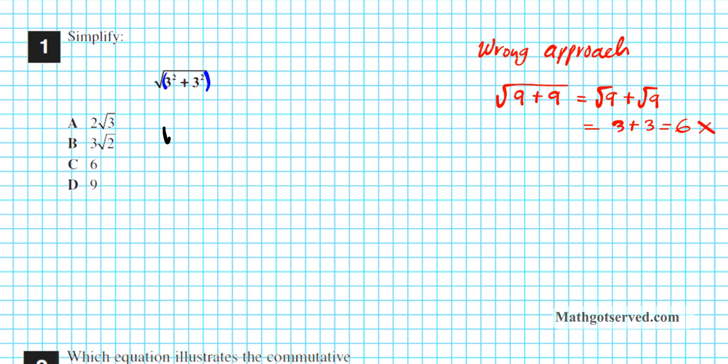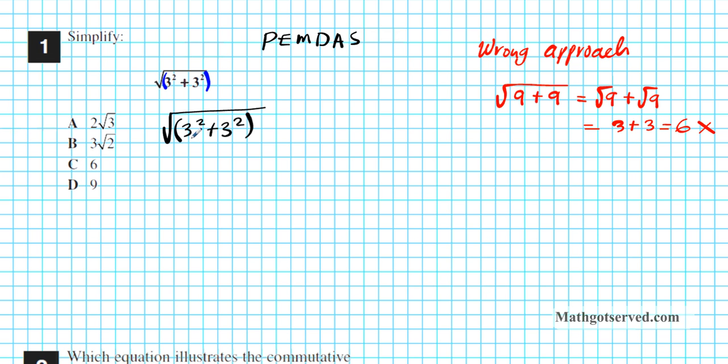Okay, so we have the square root of 3 squared plus 3 squared. This sum and the squares have to be addressed first before you can take the square root. You can't take the square root before you do the sum. That's violating the order of operations since the sum is inside the parentheses. Okay, so what we're doing is basically following, please excuse my dear Aunt Sally, basic order of operations.